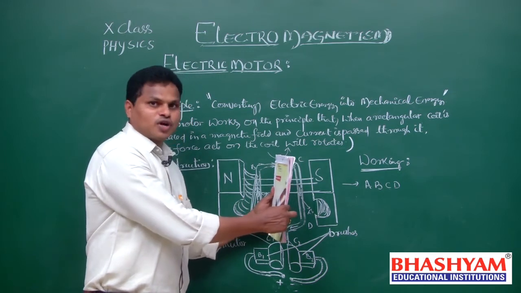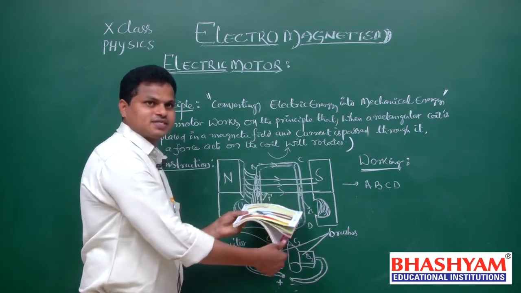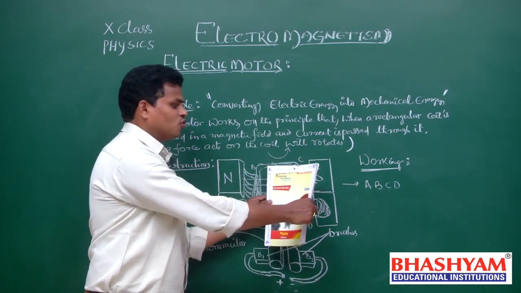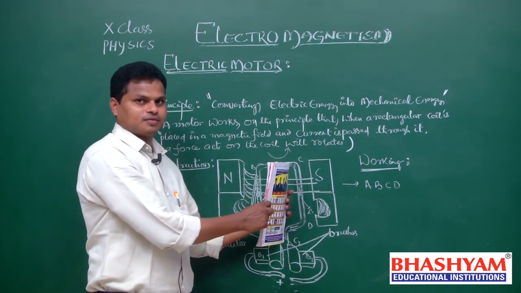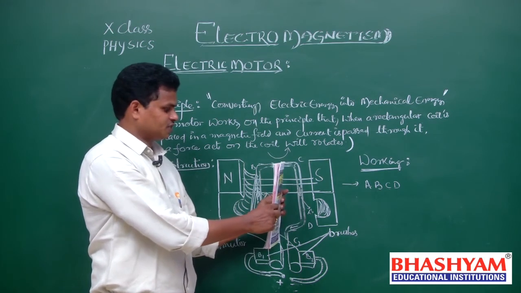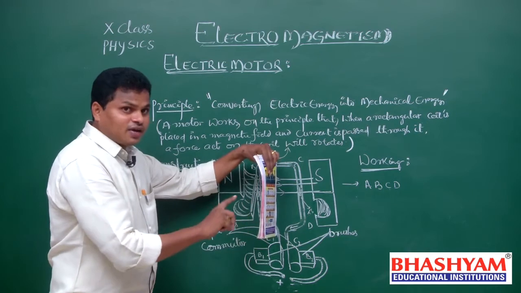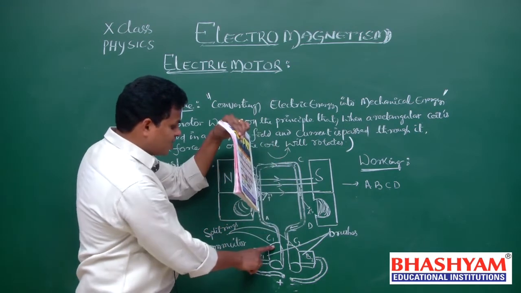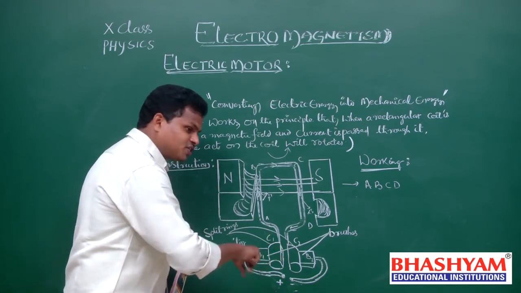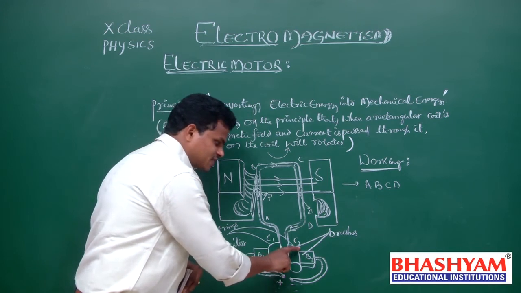After 1/4 rotation, this is the actual position, the quarter rotation. Initially C1 is in contact with B1, and C2 is in contact with B2.